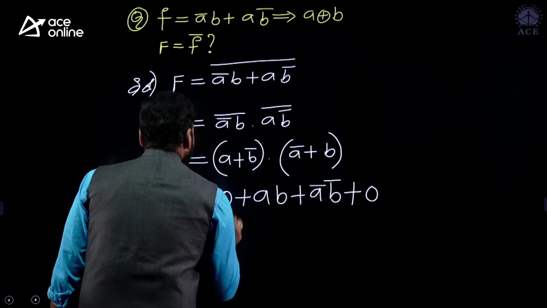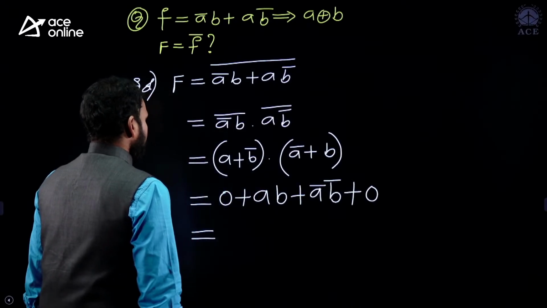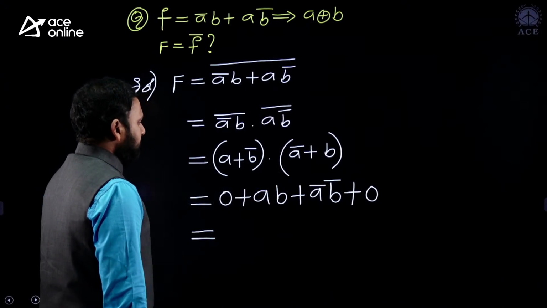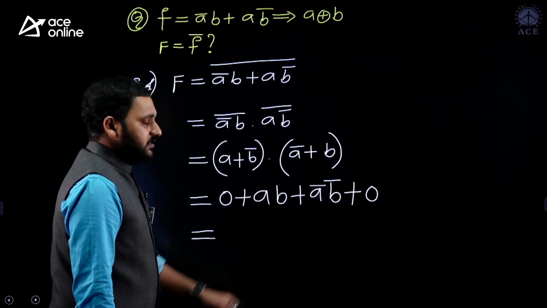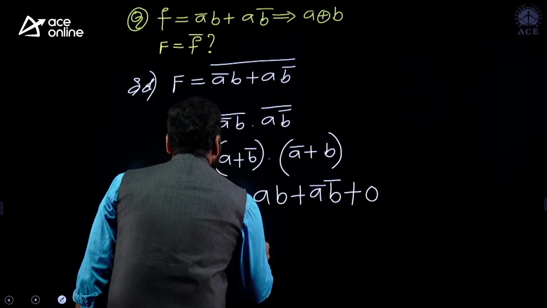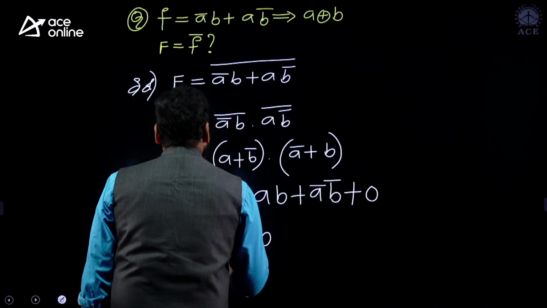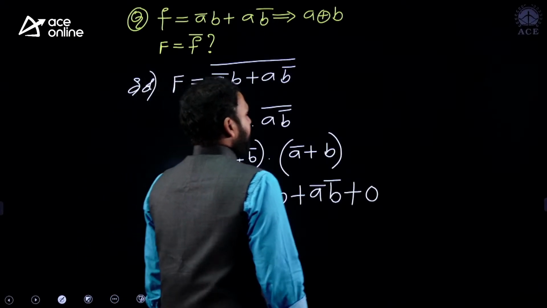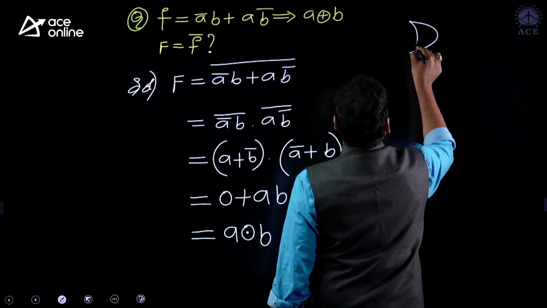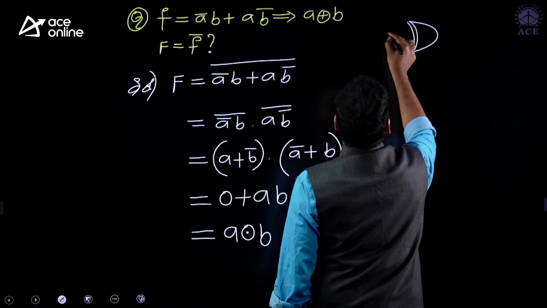Then if you observe the function carefully, what did you get? AB plus A bar B bar is nothing but exclusive NOR operation. This is the output of a XNOR gate.